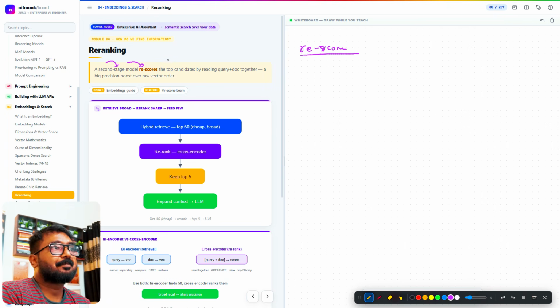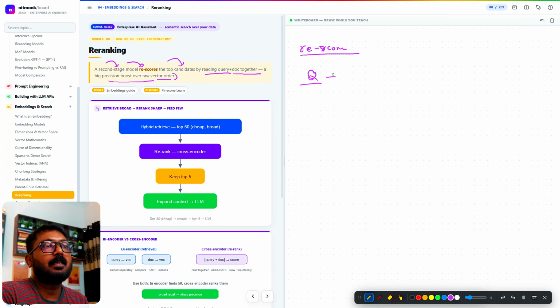That is re-ranking. The top candidates are scored by reading the query plus the doc together, a big precision boost over raw vector order. Precision boost in the sense that once we have the user's query and we did a document search, like D1, D2 to, let's say, D100.